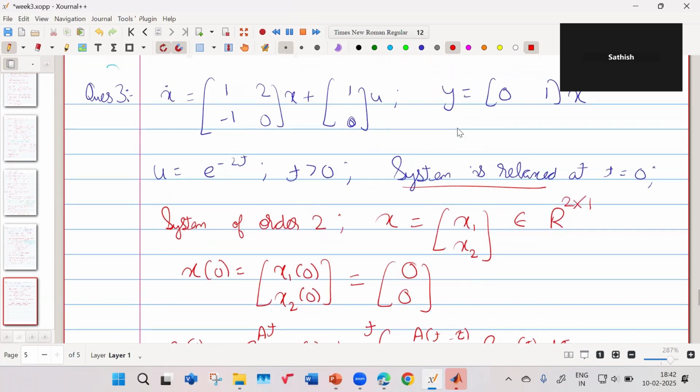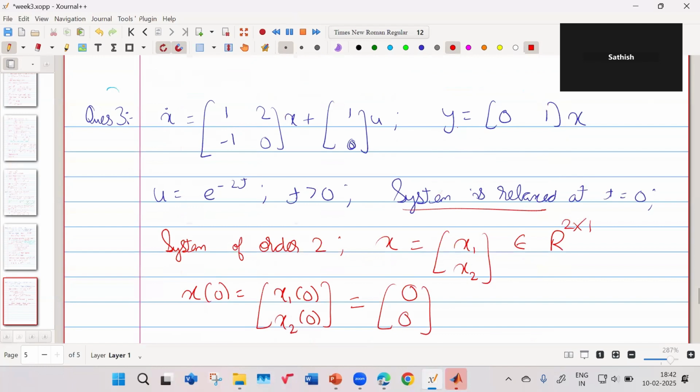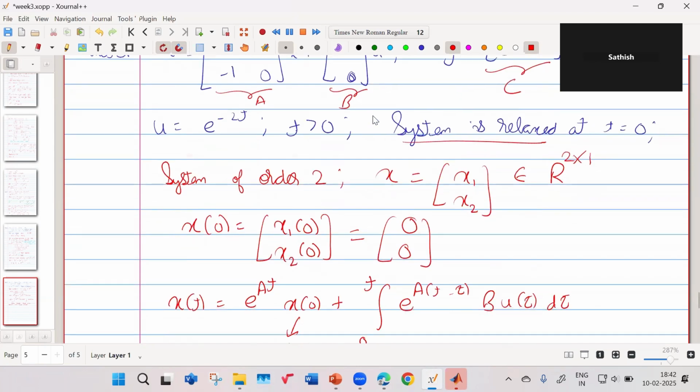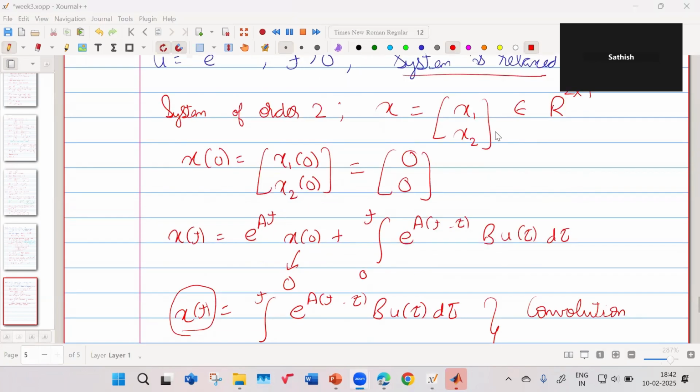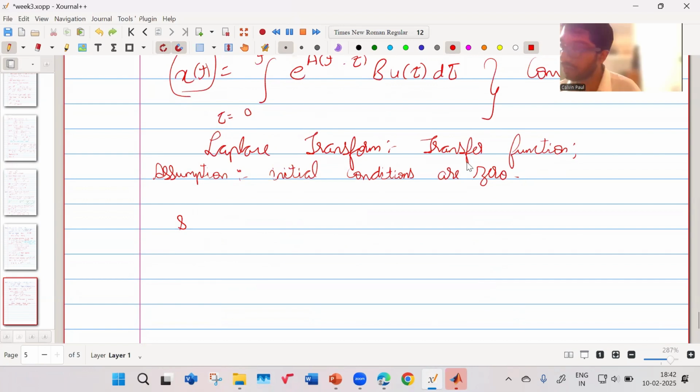So this is our A matrix, this is the B matrix, this is the C matrix, right? We know that x dot is equal to Ax plus Bu.